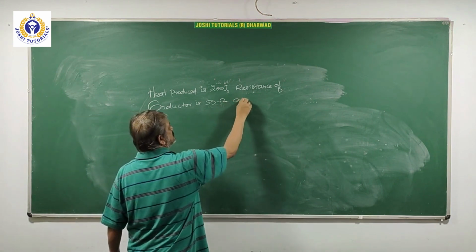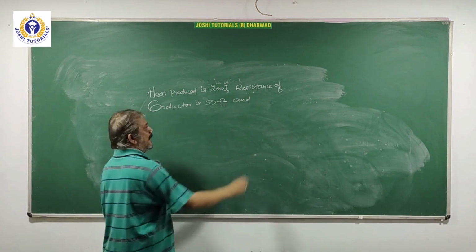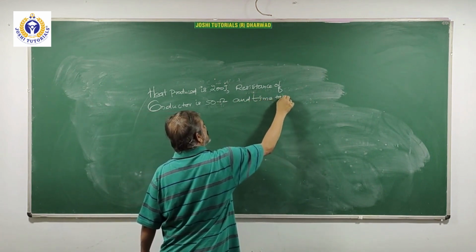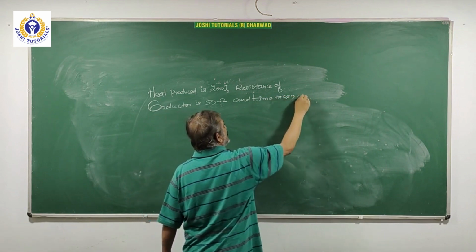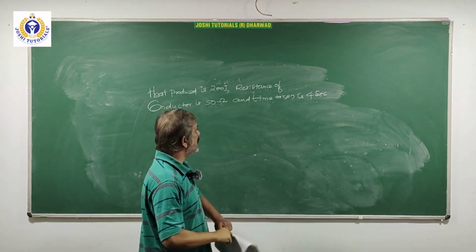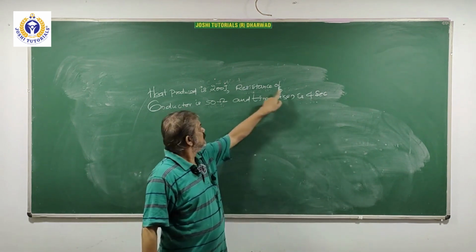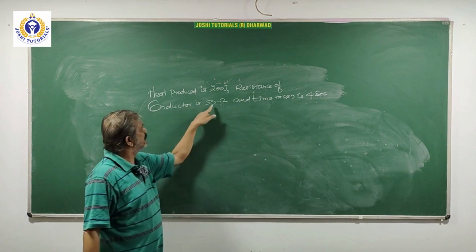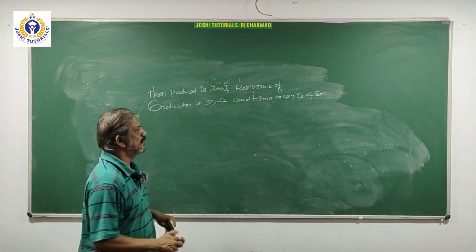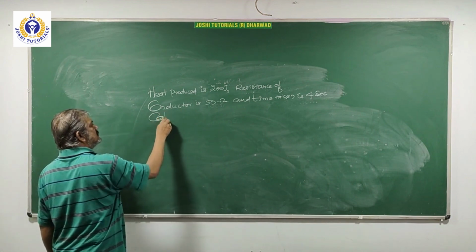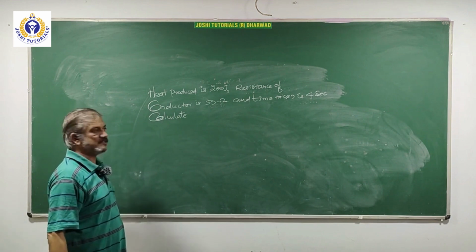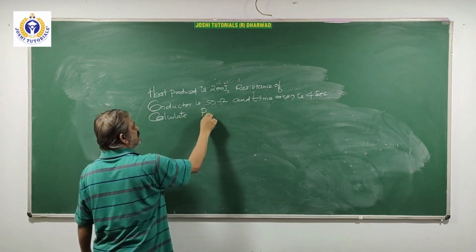And time taken is 4 seconds. Means when current is passed for 4 seconds through the resistance of conductor 50 ohms, this much heat is produced. Calculate potential difference.